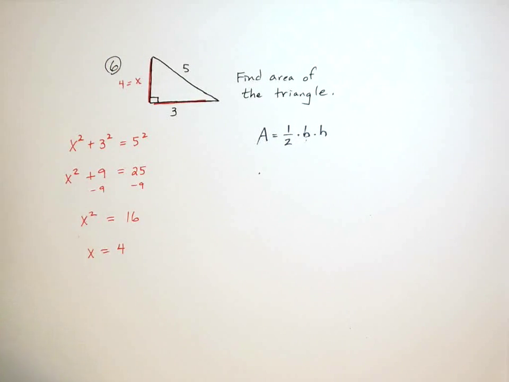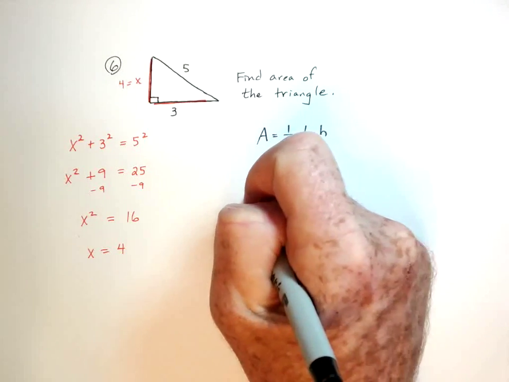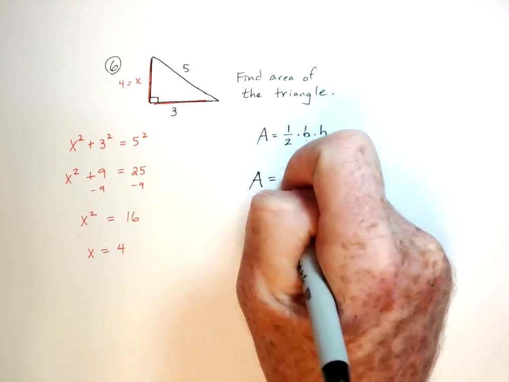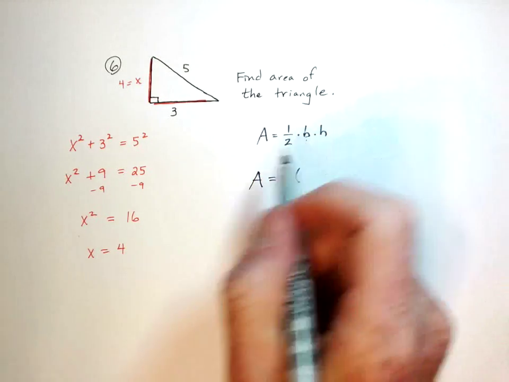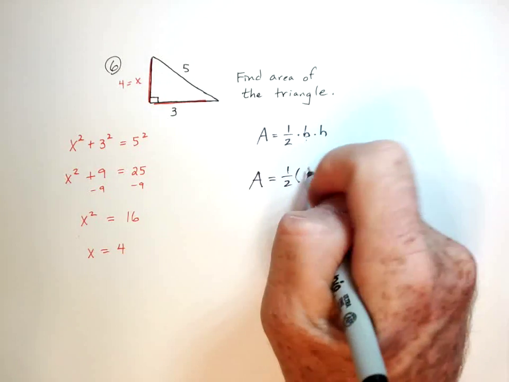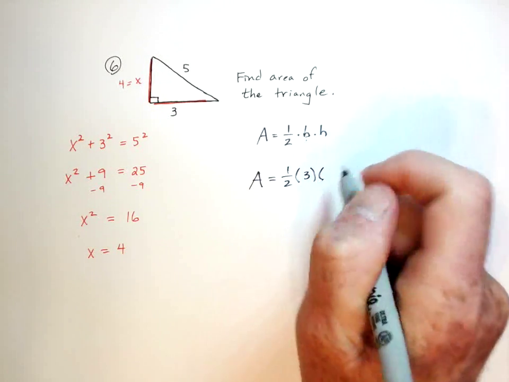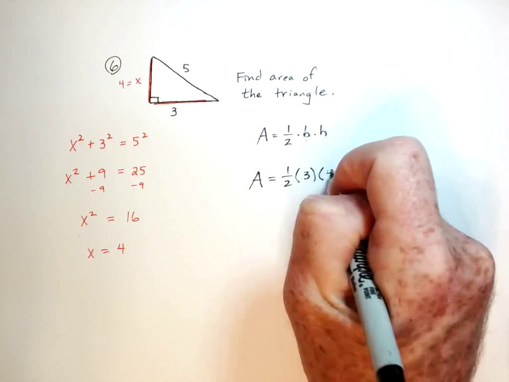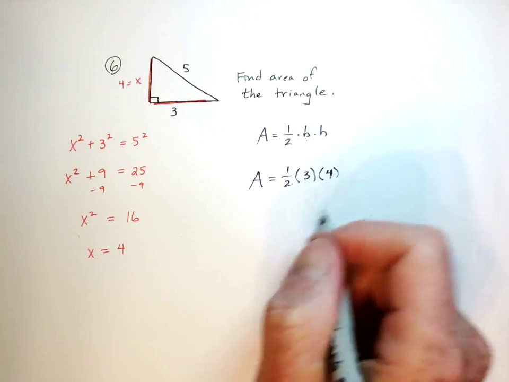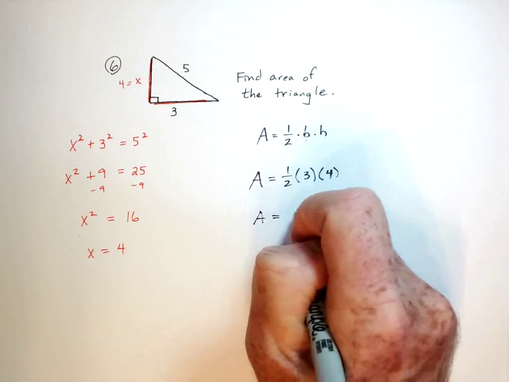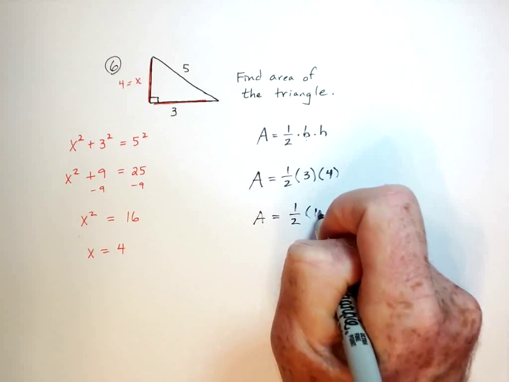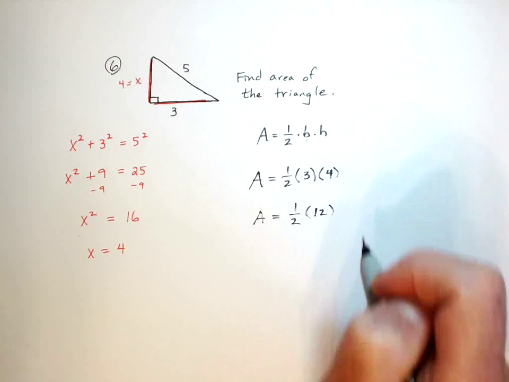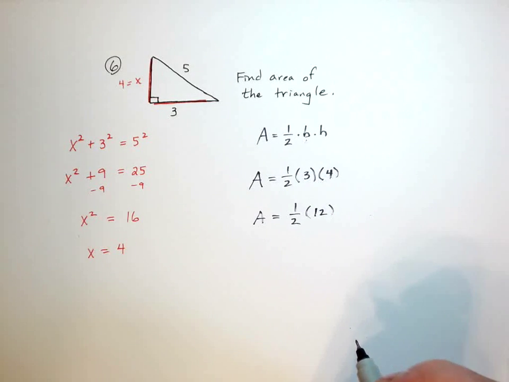So now I can go back to the area formula. 1/2. The base is this number 3. And the height is this number that we just found out, 4. So that means it's half of 3 times 4. Or it's half of 12.